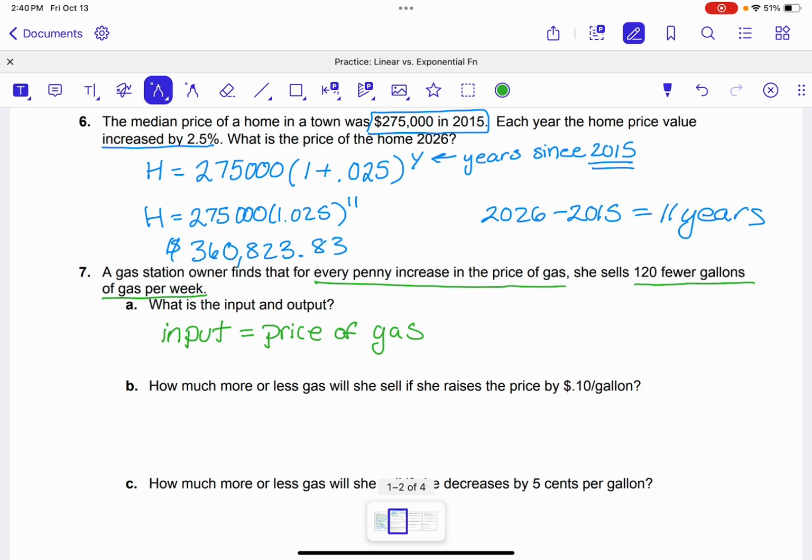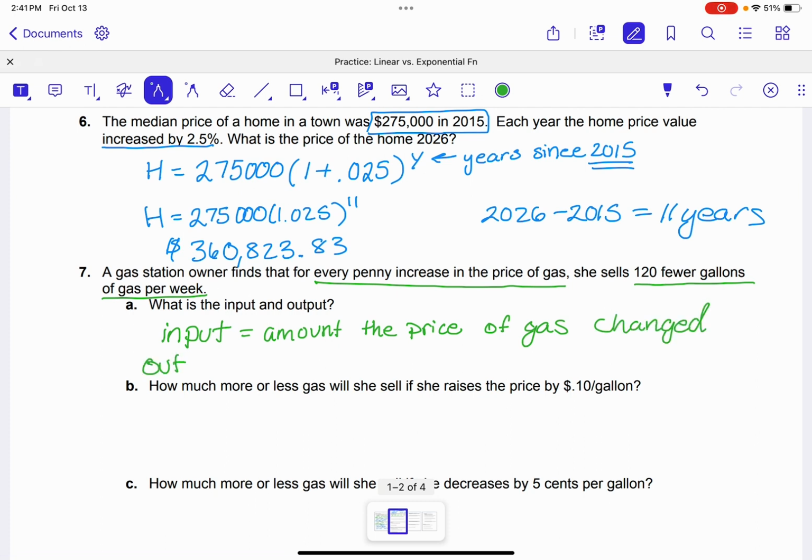It's like how much you change the price of gas by. So I'm actually going to rewrite that because I don't like that phrase right there. So it's the amount the price of gas changed.